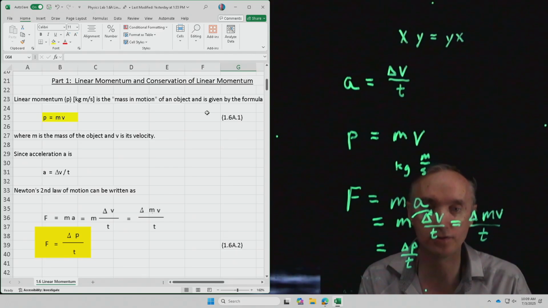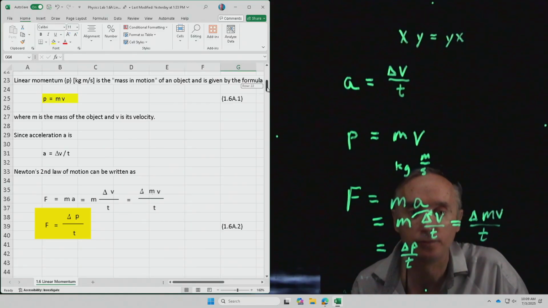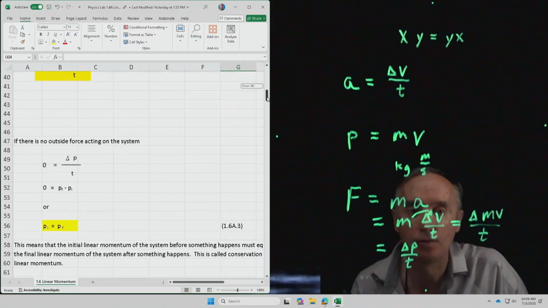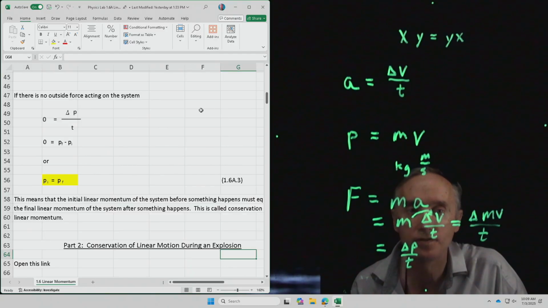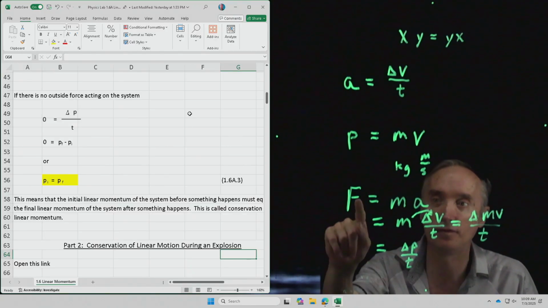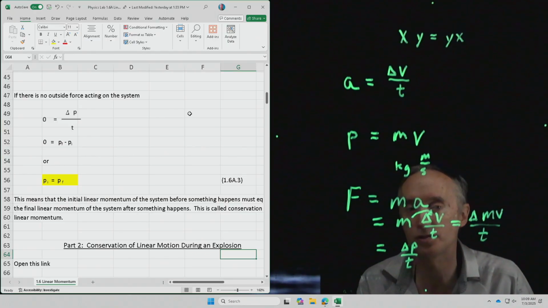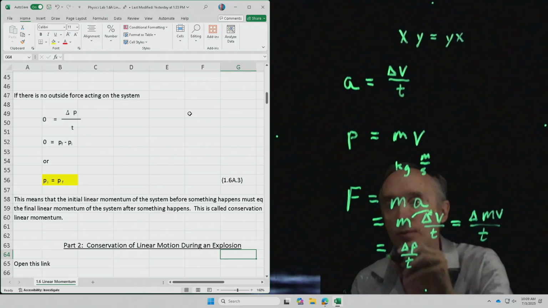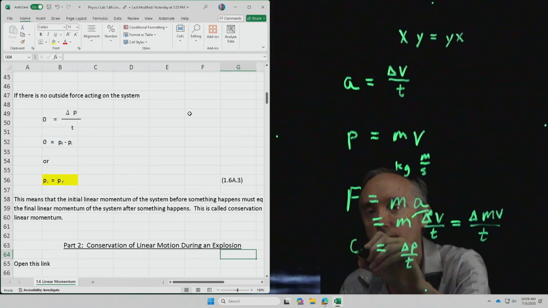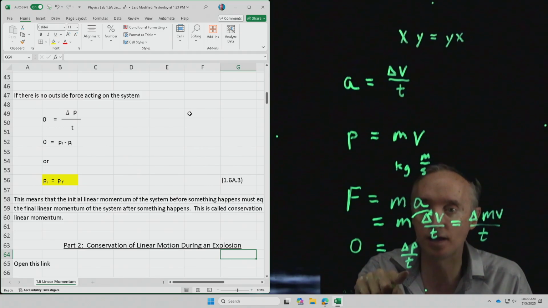So there's a derivation for you, and it's going to be really important because now we want to know what's going to happen if there is no force. A force will change the momentum of a system, but the question is, what if there was no force? That would mean that this side of the equation would be 0. And now 0 times t is still 0.